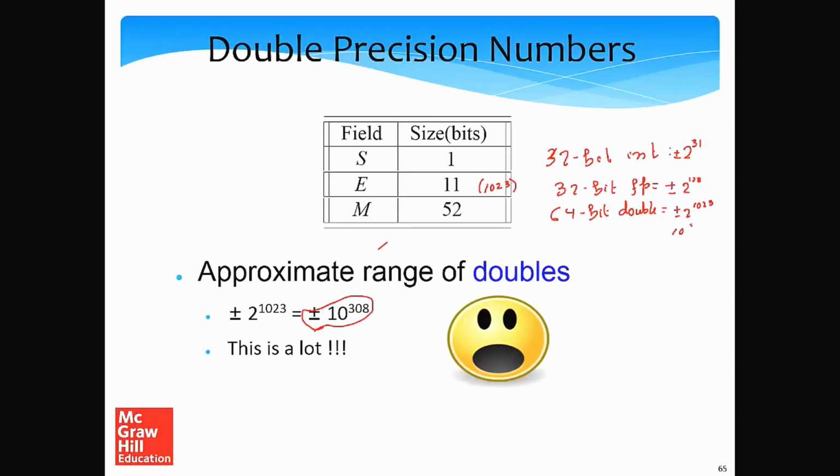This is roughly 10 to the power 37 or 38, and this is much smaller. So 2 to the power 30 is around a billion. So this is actually 3-4 billion, something like that.